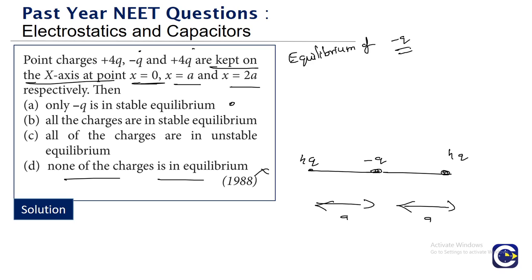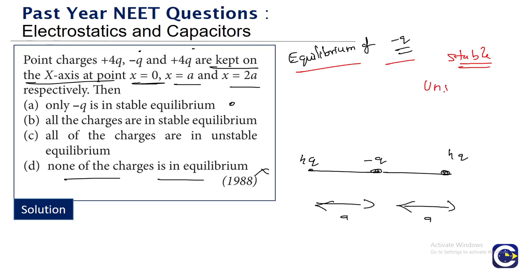We'll try to find out whether the equilibrium of the minus q is a stable one or unstable one. If you want to prove that it is stable, we should try and displace the charge in all possible directions and check whether it is coming back to that original place or not.